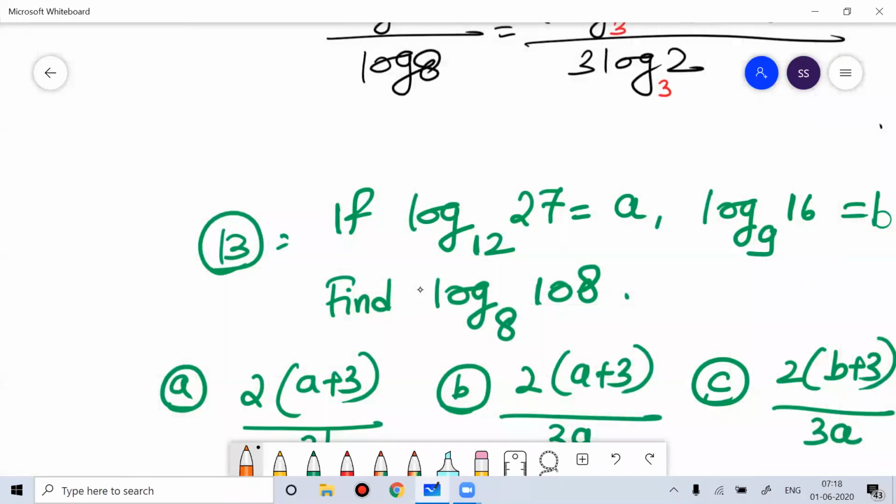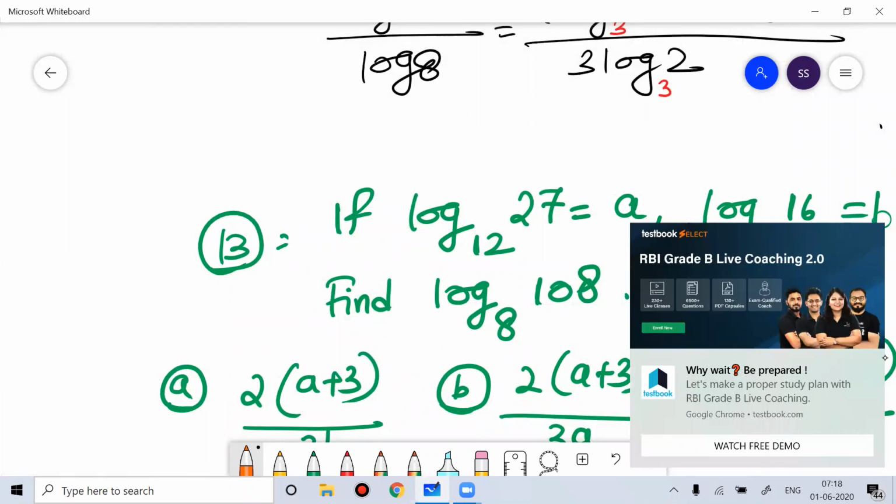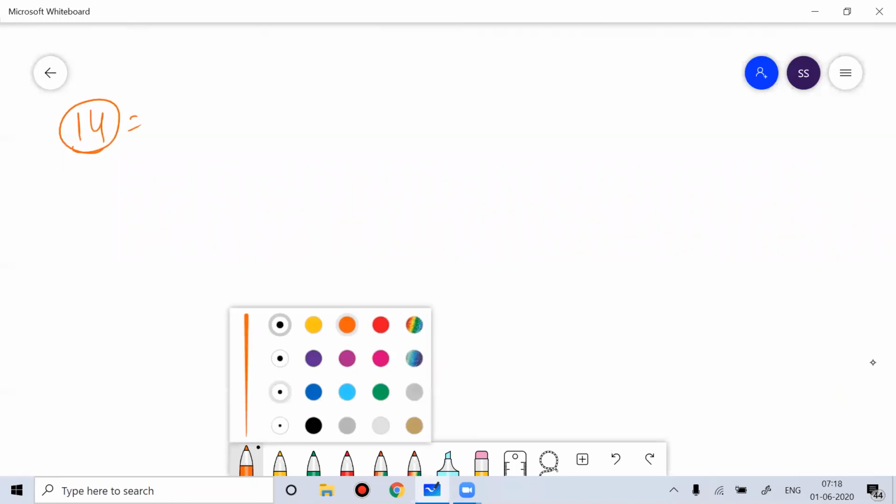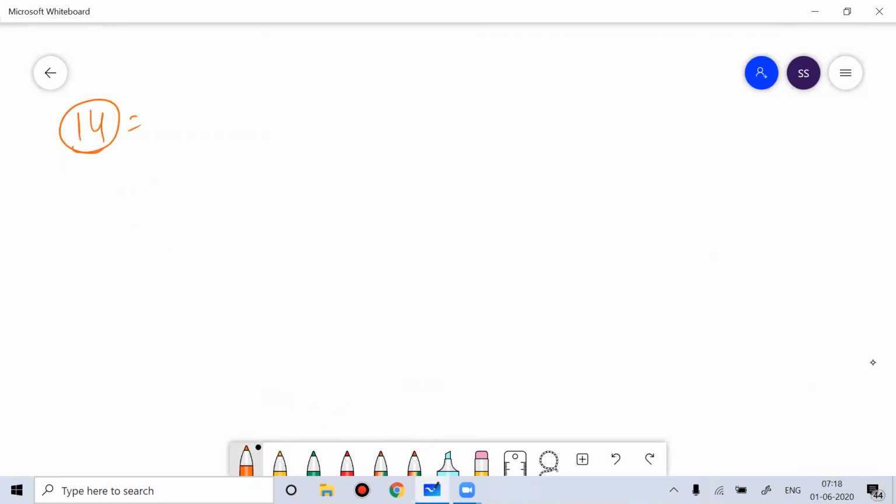Which question? I'm assuming I've done 13, so I'll go with question number 14. Numbering part, I'm not sure. Okay, so if I talk about question number 14, the question is like this. This is the CAT 2017 paper.